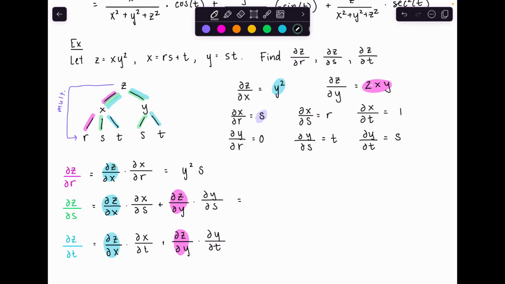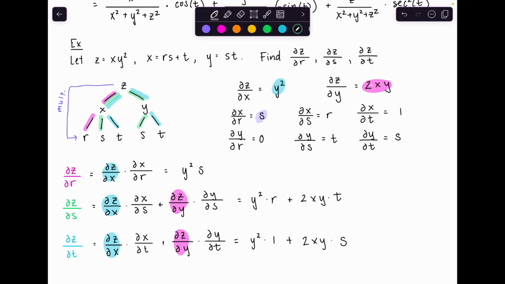This next one will be y squared times r plus 2xy times t. And then here, partial of z with respect to x is y squared. Partial of x with respect to t is 1. And then partial of z with respect to y is 2xy. And then the partial of y with respect to t is s.